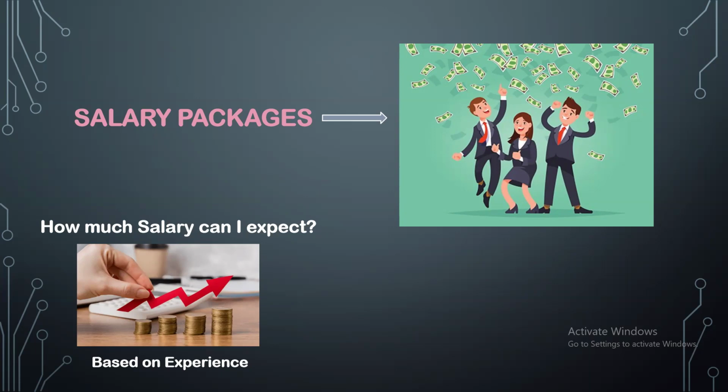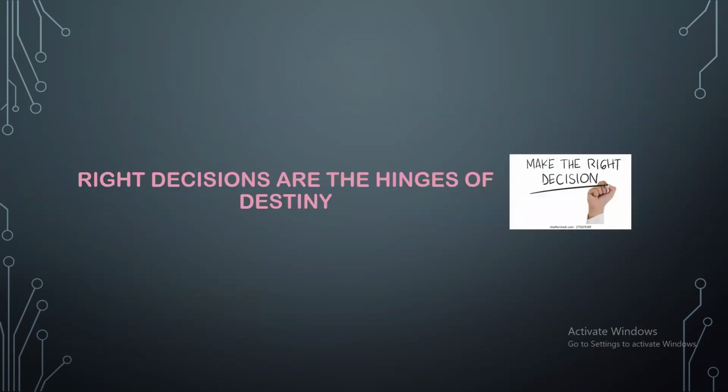With a counter offer, it can go up to 15 lakhs per annum. In companies like Morgan Stanley, JP Morgan, Goldman Sachs, you can expect 20 plus LPA. With a counter offer, it can go up to 40 LPA. Other companies like Microsoft, Google, Amazon, you can expect 30 plus LPA.